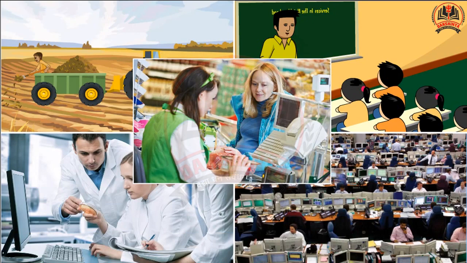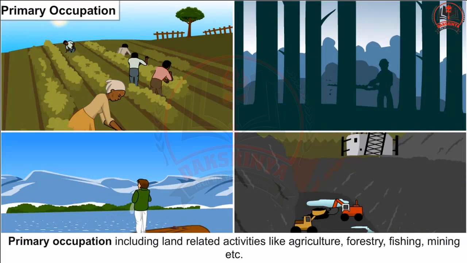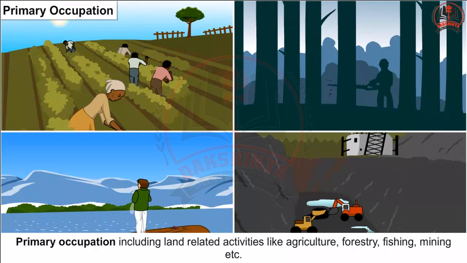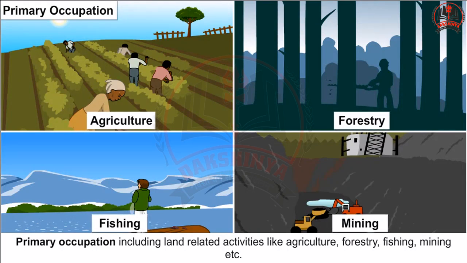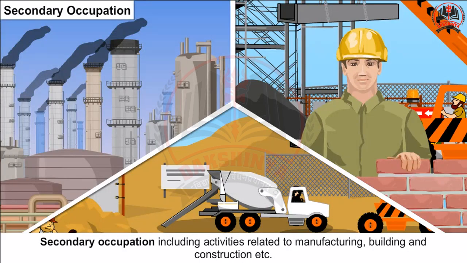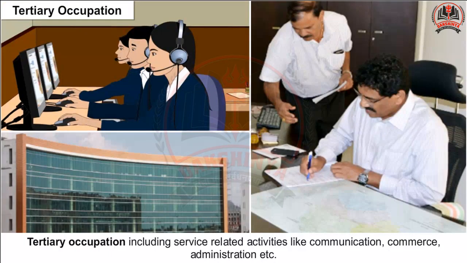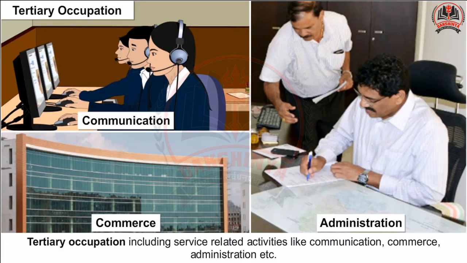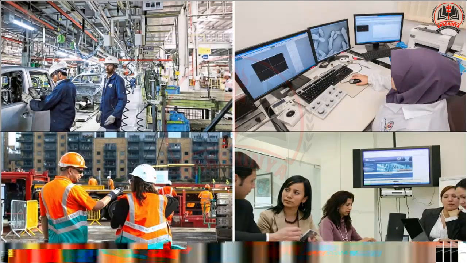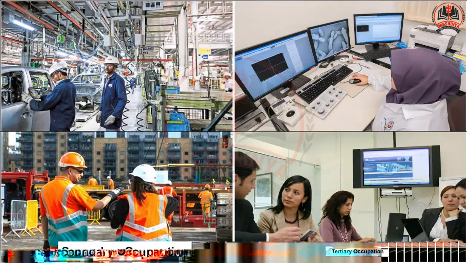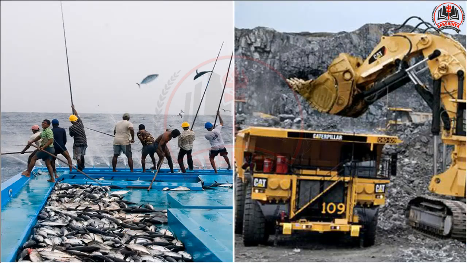The three categories of occupation are primary occupation, including land-related activities like agriculture, forestry, fishing, mining, etc. Secondary occupation, including activities related to manufacturing, building and construction, etc. Tertiary occupation, including service-related activities like communication, commerce, administration, etc. Most people in developed nations are engaged in secondary and tertiary occupations, whereas in developing nations they are engaged in primary occupation.